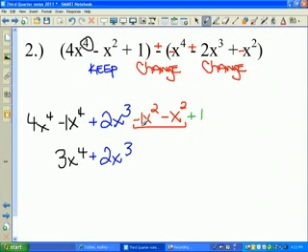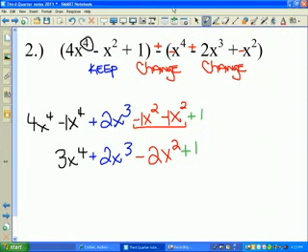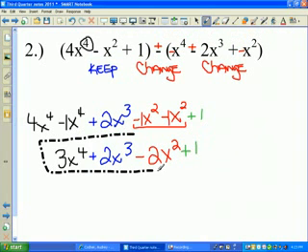The situation is I have a negative 1 minus 1, which will give me a negative 2x squared. And then for my constant, I have my plus 1. So then here is my solution. So I have 3x to the fourth plus 2x cubed minus 2x squared plus 1.